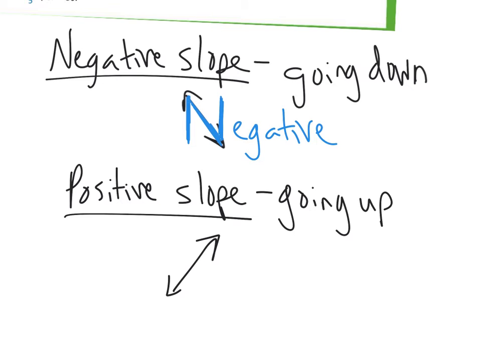And then down here, have to go a little bit creative. We can make that into a p for positive. Okay, so just with what we've talked about so far, we can now just look at a line and automatically tell if it's going to have a negative slope or a positive slope. Negative slope going down, positive slope going up.